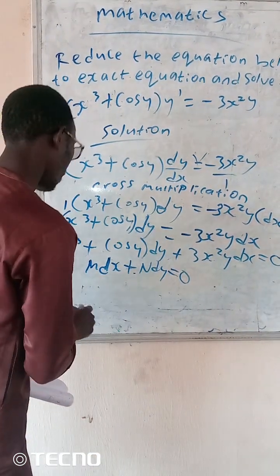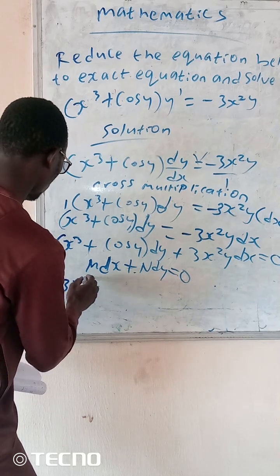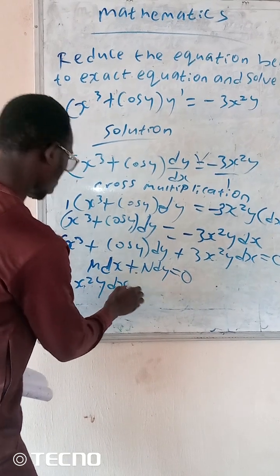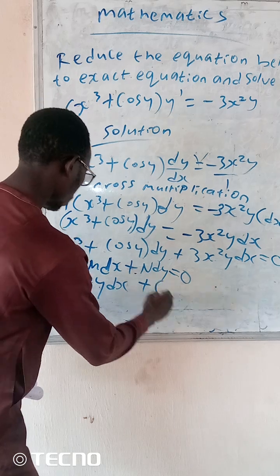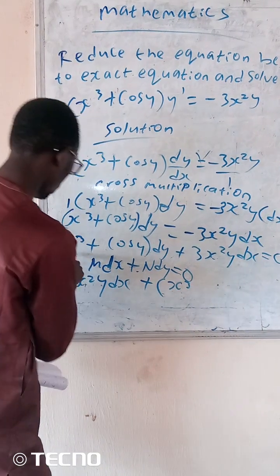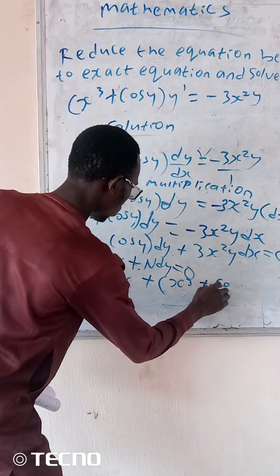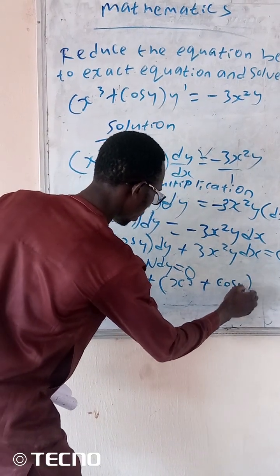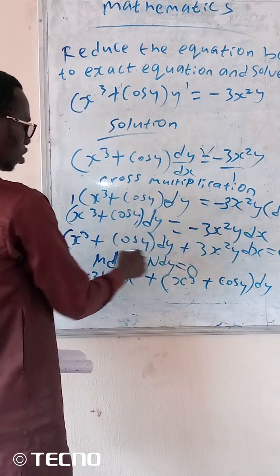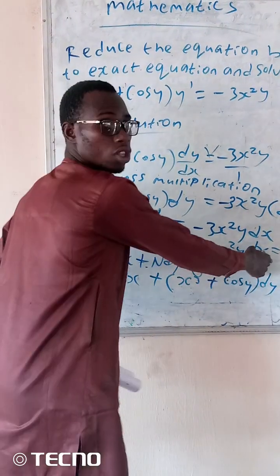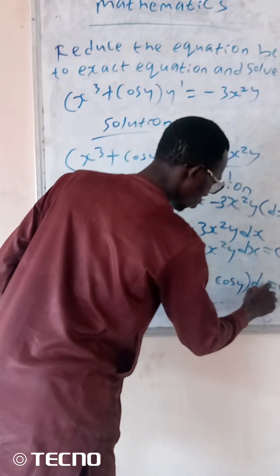So we have 3x squared y dx plus x raised to the power 3 plus cos y dy, equals 0. So we have done that.